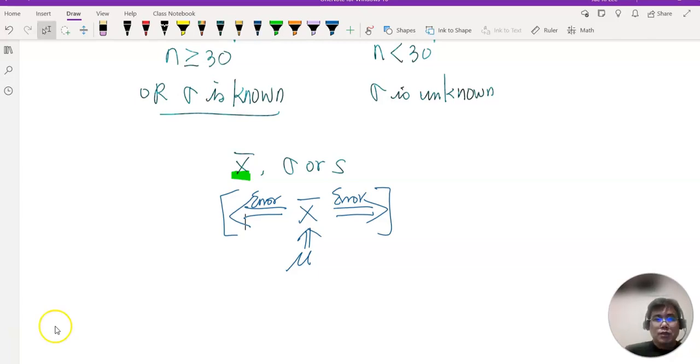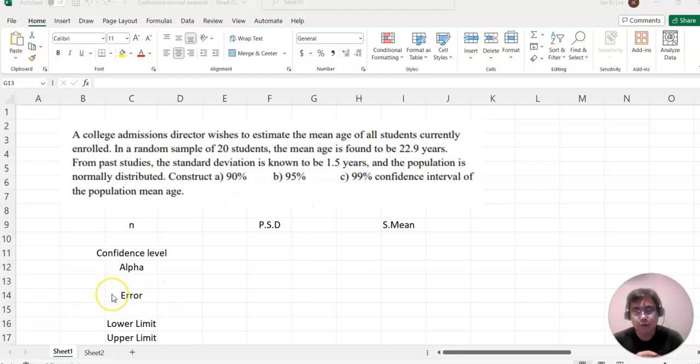Okay, then let's look at an example using Excel. A college admission director wishes to estimate the mean age of all students currently enrolled. A random sample of 20 students is taken, and the mean age is found to be 22.9 years.